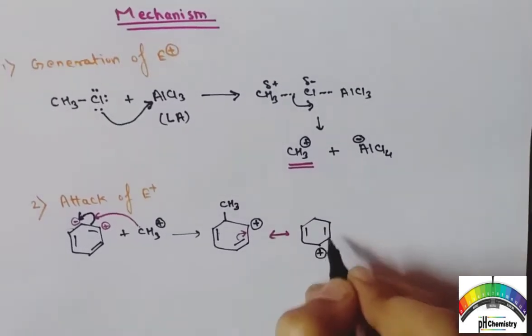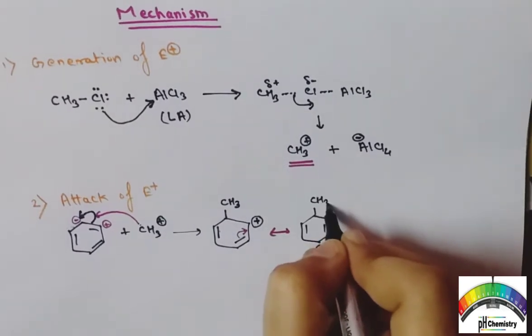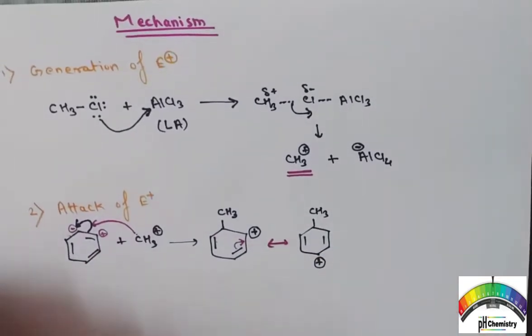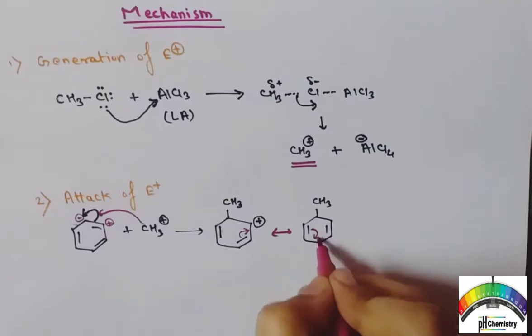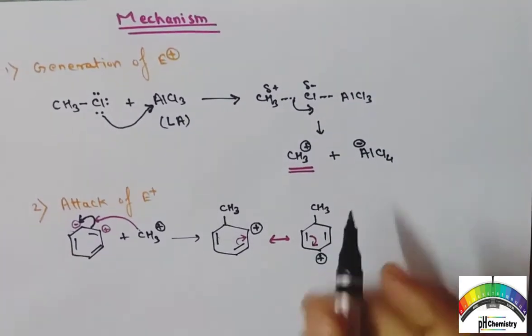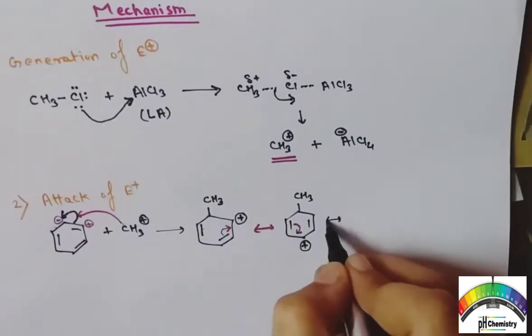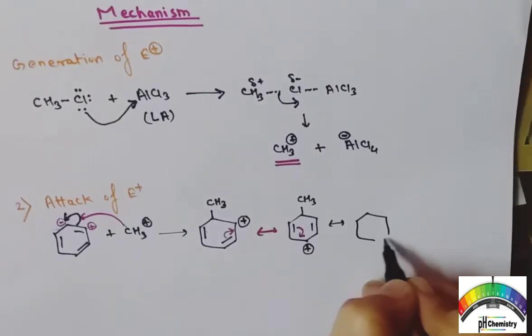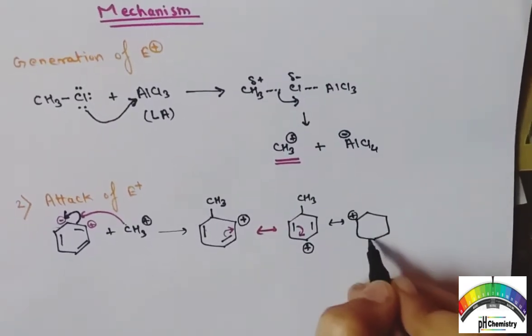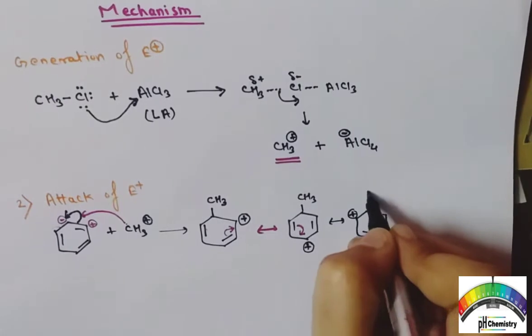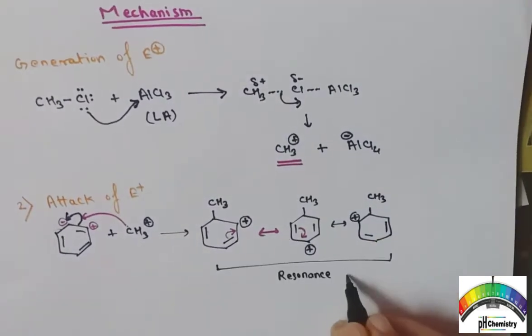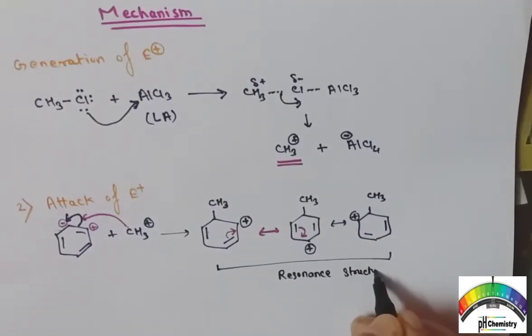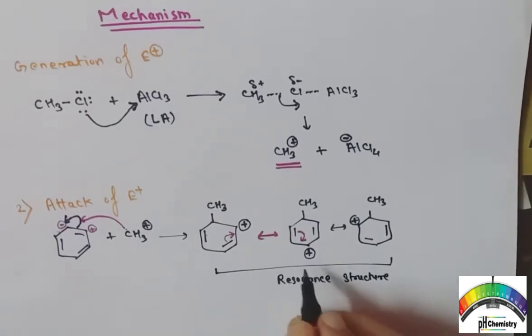This positive charge will come here, CH3 will remain as it is. Now again this double bond will shift here to stabilize the positive charge, and this positive charge now comes here, double bond will shift here, and CH3. These are the resonance structures.